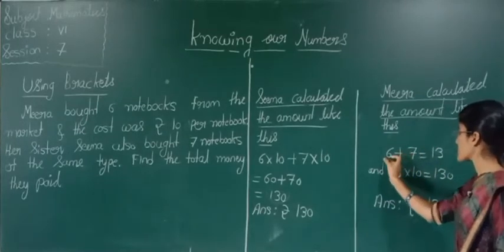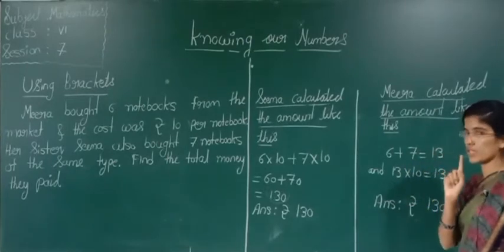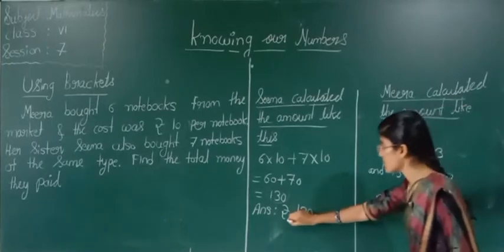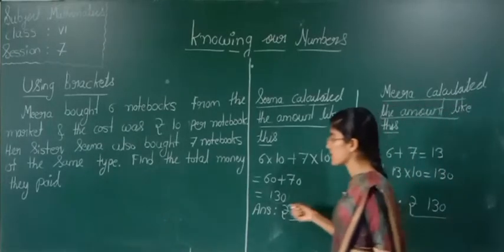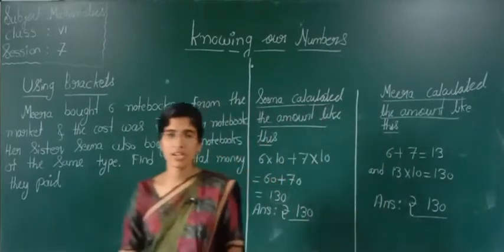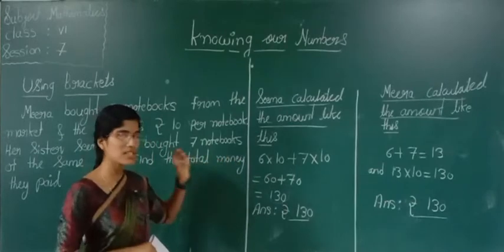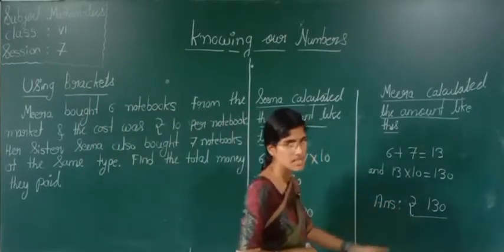What will she do? 6 plus 7 notebooks, 13. The cost of one notebook is 10. 13 into 10 is 130. See, both answers are correct, yes or no? But they are following different methods. The way they calculated is somewhat different, but both answers are the same.